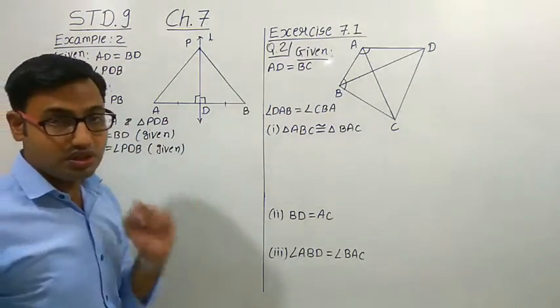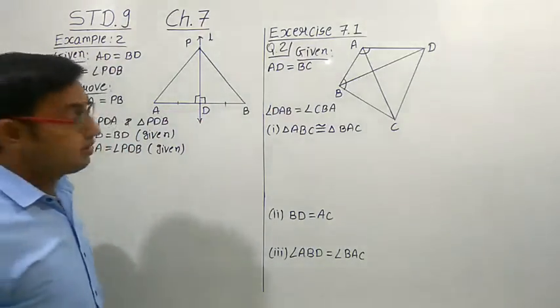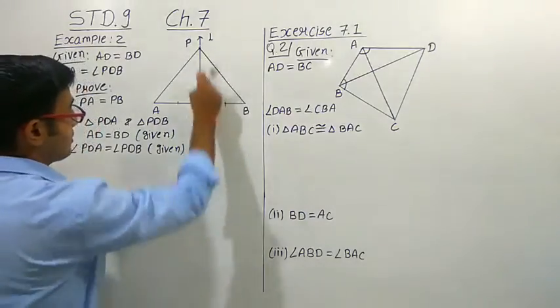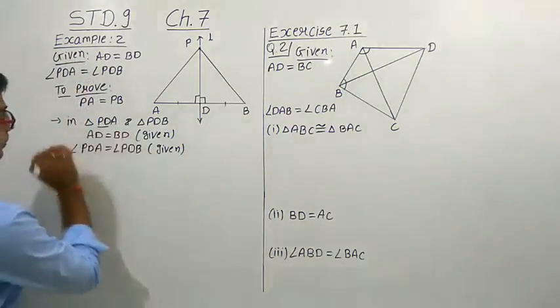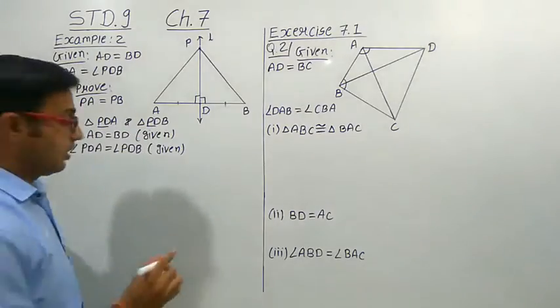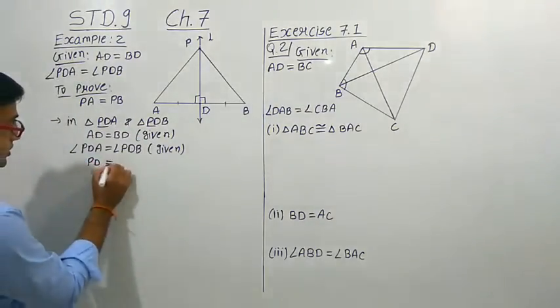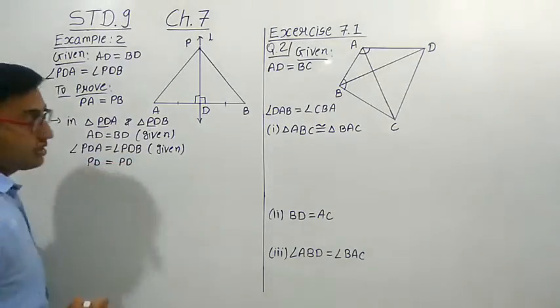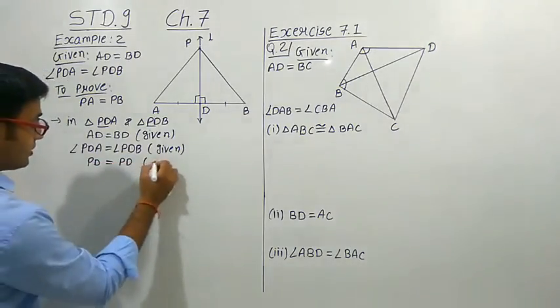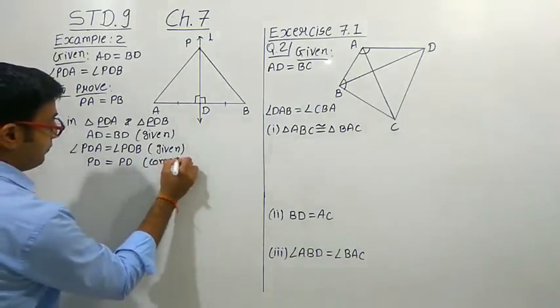Now the third condition that we have to think about. What will be the third condition? Yes, in both triangles, PD is common. That means the third side PD of one triangle is equal to a side of the other triangle.